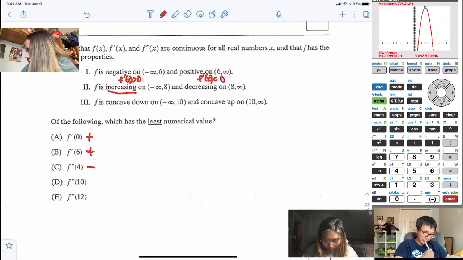So they want the least numerical value, so that's a good start. It's definitely not A and B because both A and B are positive. How about if it's f of 12? What's f of 12? It's positive. So automatically exclude A, B, and E. Now f double prime of 10.